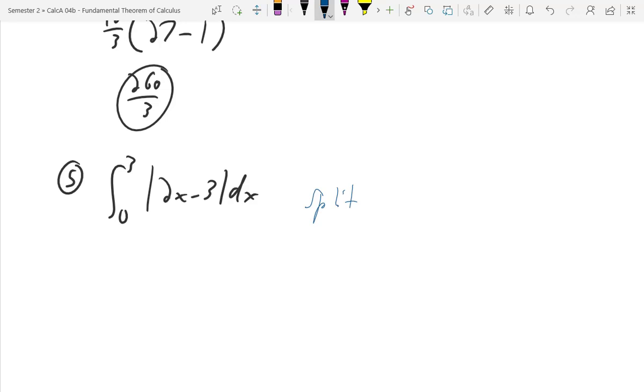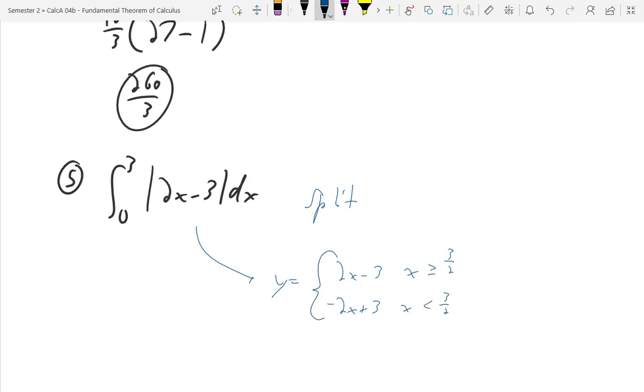But we asked you to graph and write, this is actually the same thing as y equals positive 2x minus 3 whenever x is greater than or equal to, what's the value? 3/2. And then negative whenever x is less than 3/2.